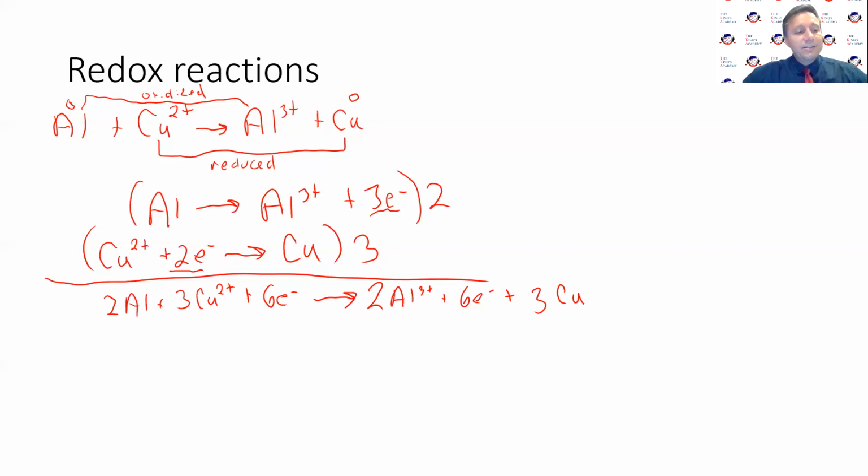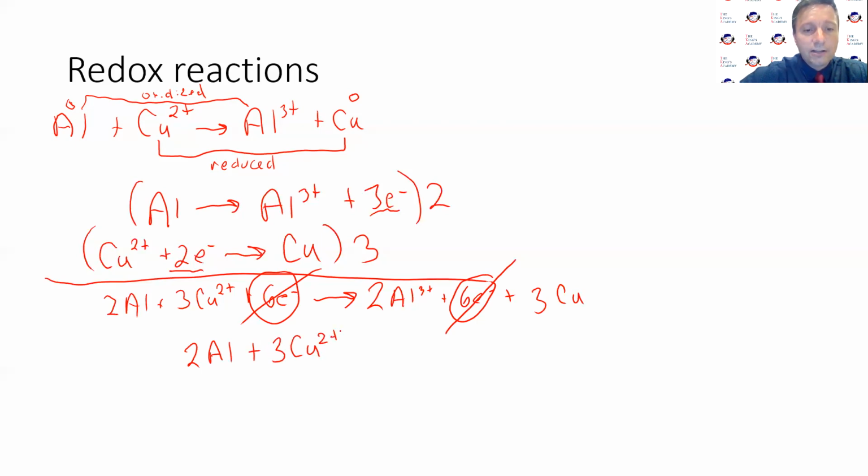So now to balance this equation, I can look on both sides and look at what can cancel. Well, I've got 6 electrons right here, and I have another 6 electrons here. That can cancel. So now to write the balanced equation for this redox reaction, I have 2 aluminum plus 3 copper 2 plus reacts to form 2 aluminum 3 plus and 3 copper.